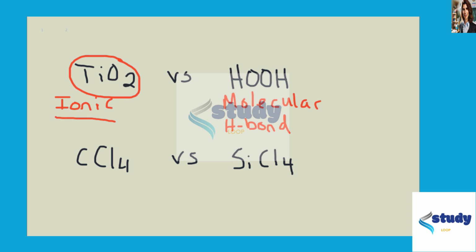And carbon and silicon are both in the same group of the periodic table, which means that from the standpoint of the interactions between each of these respective molecules in their solid, they're going to be pretty much identical. The only difference here is if we look at the molecular weights of carbon compared to silicon, silicon is heavier than carbon.